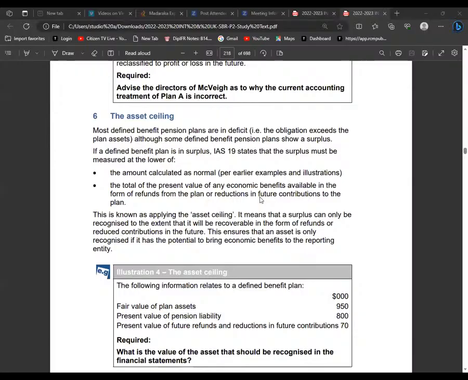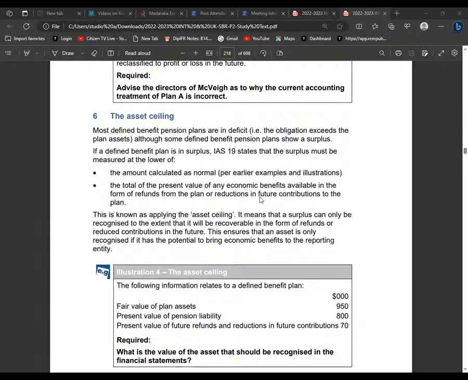Many organizations, including governments globally, are struggling with pensioners. In most cases, the net has to be an obligation. But if it goes the other way around and you get a very rich pension scheme, which has got a net asset, that net asset has to be capped.